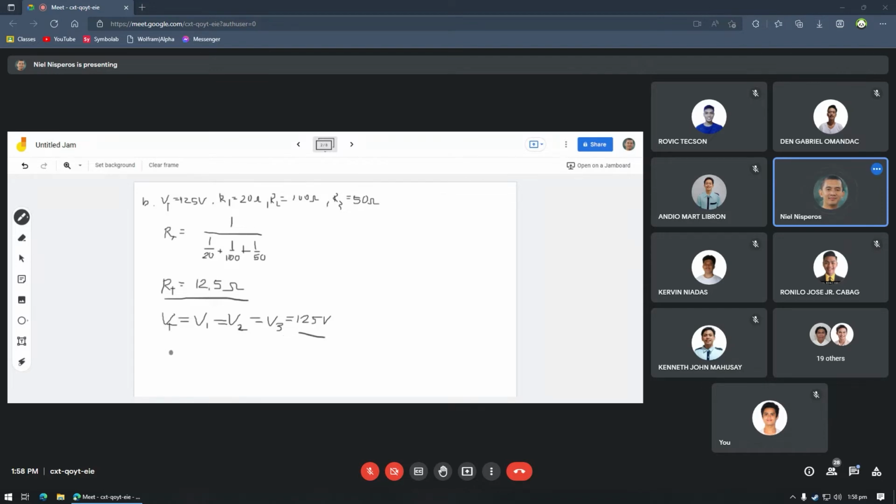Okay. So I1 is equal to V1 over R1. So our V1 is 125 divided by R1, which is 20. How much is I1?